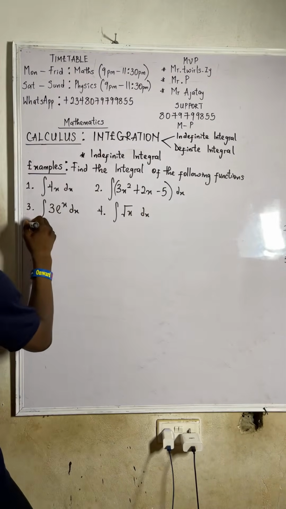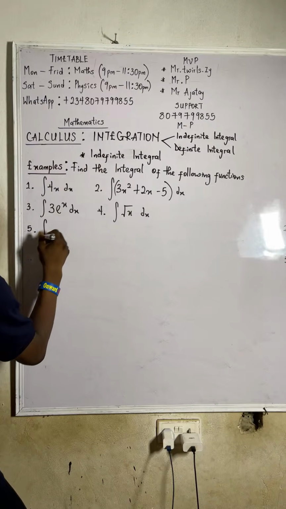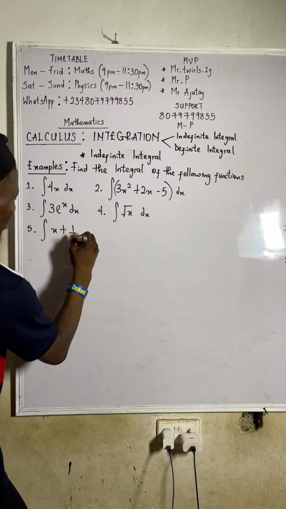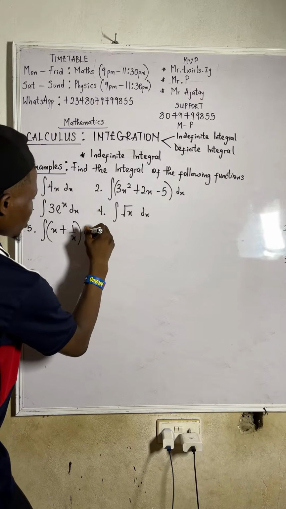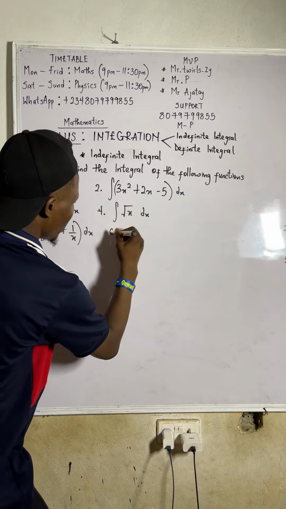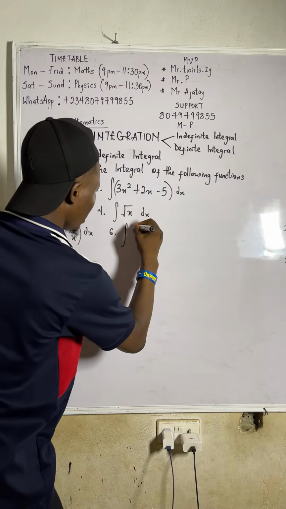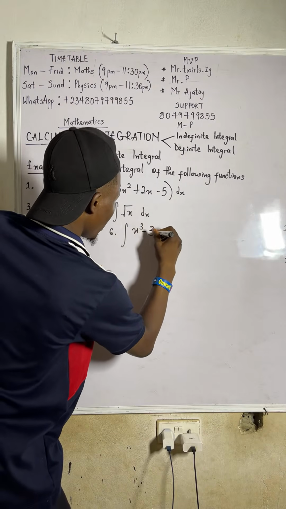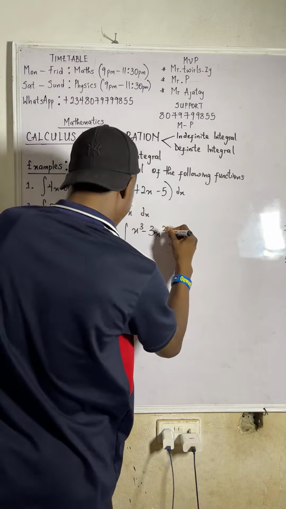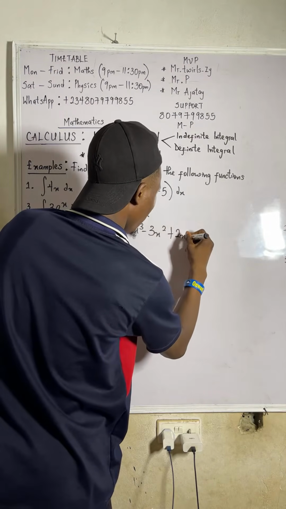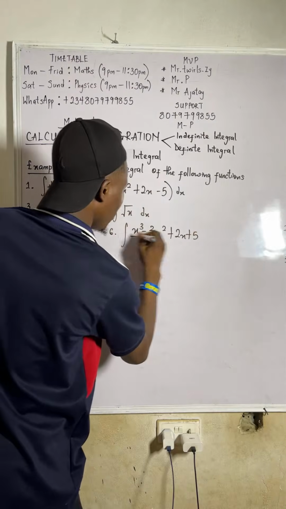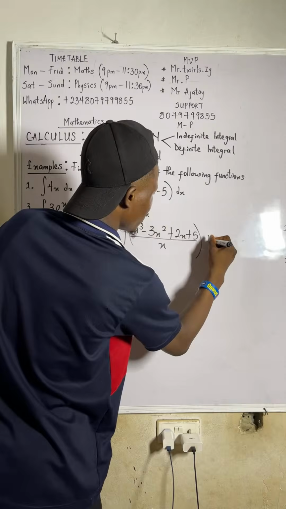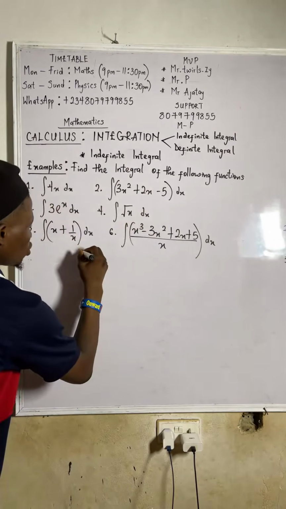Question 5. Integral x plus 1 over x with respect to dx. Question 6. Integral x cubed minus 3x squared plus 2x plus 5 over x, all with respect to dx. Solution.